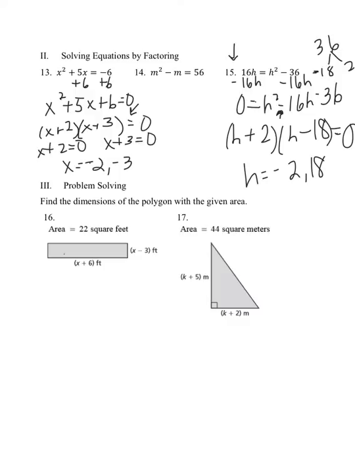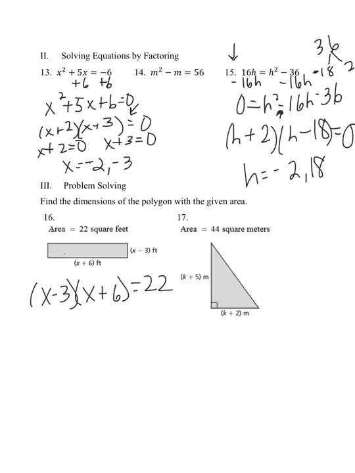All right, it says down here, find the dimensions of the polygon with the given area. To do this, the area of this rectangle is 22 square feet. To find the area of a rectangle, you do length times width. So we're literally going to do x minus 3 times the quantity x plus 6, and that's going to equal 22. A lot of students will say, oh, okay, well, x is 3 and x is -6.